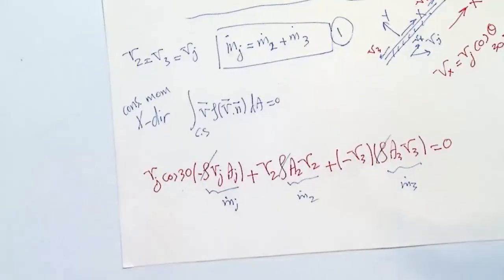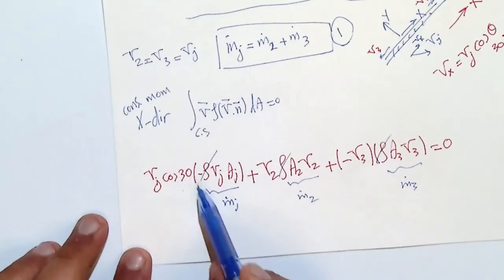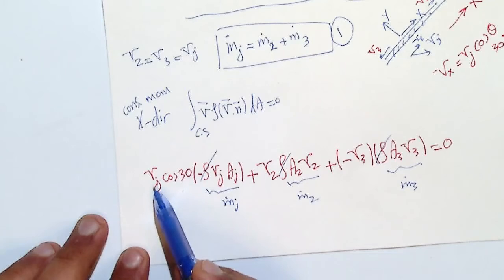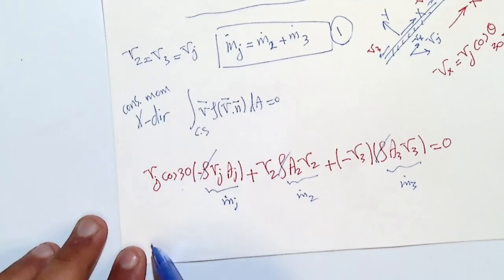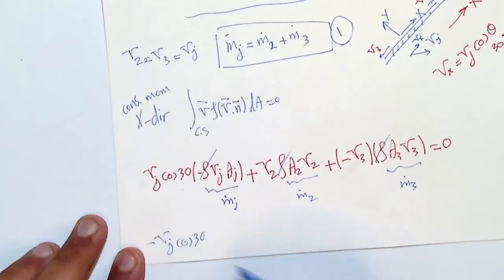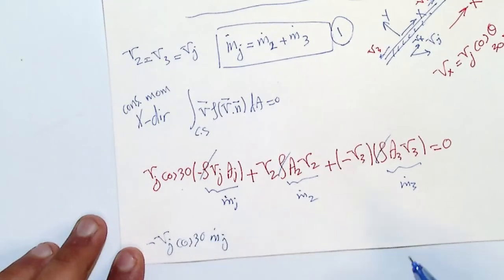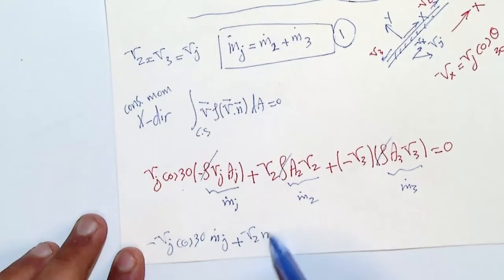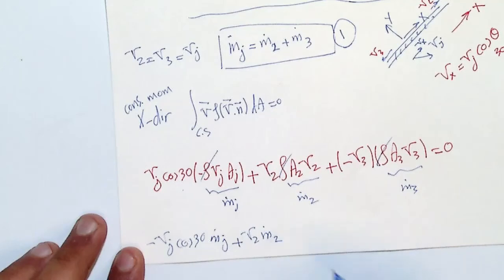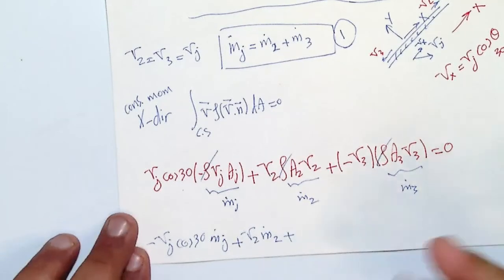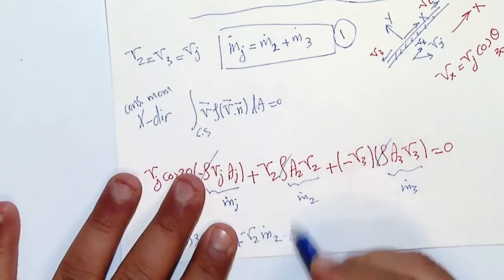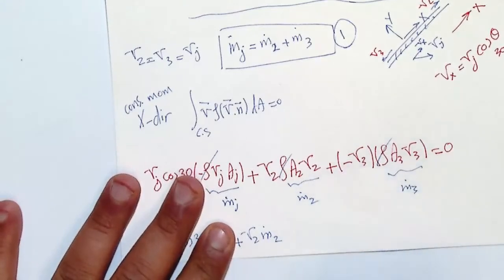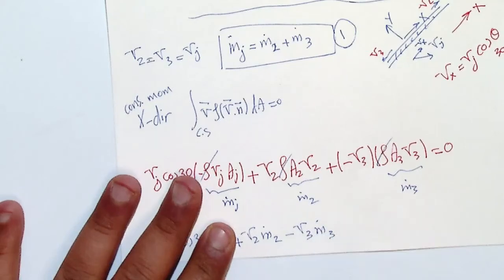Okay, so if you replace that with m dot j and bring the negative sign here, this is going to be minus Vj cosine of 30 times m dot of j, plus for this one you will have V2 m dot of 2, and for this third part you have a negative sign of V3 m dot 3.